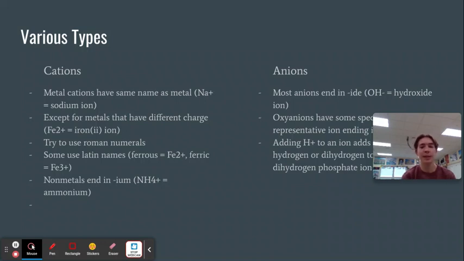This is the case for all metals except metals such as transition metals that can have more than one charge. This is like iron, for example, Fe2+, that's the iron(II) ion, or Fe3+, the iron(III) ion, and we notate those with Roman numerals.